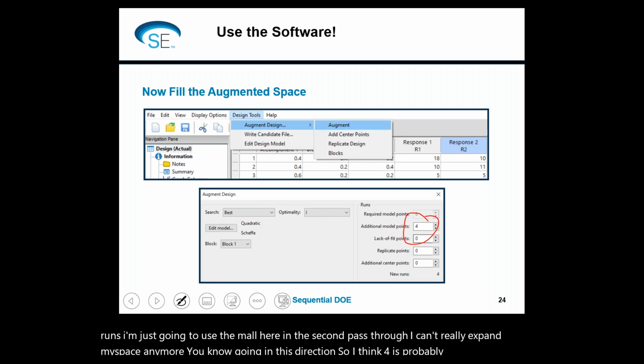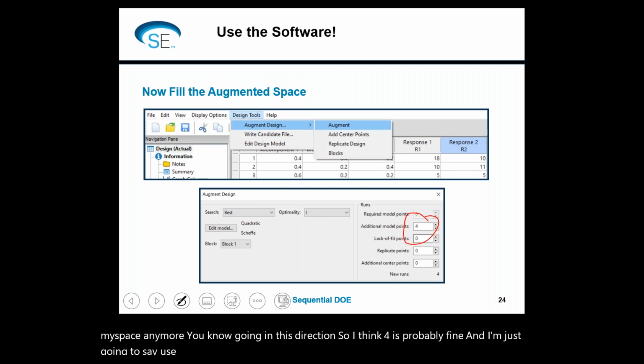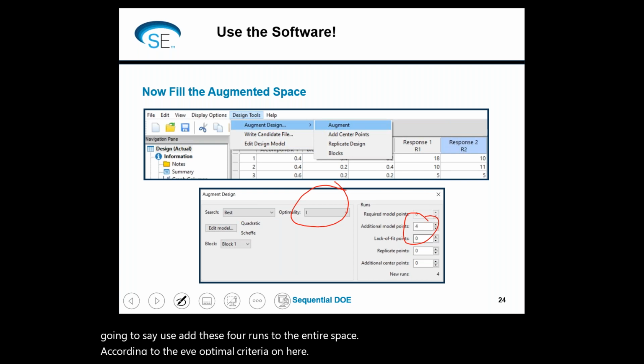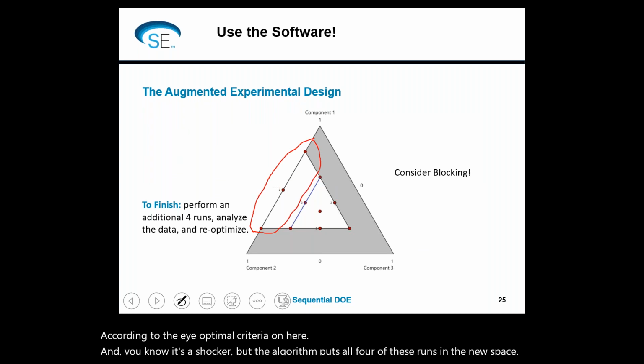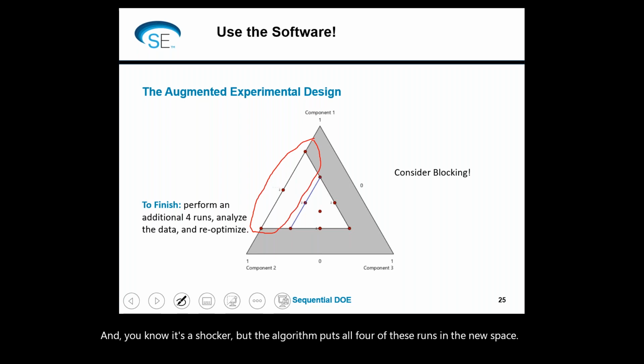I'm just going to add these 4 runs to the entire space according to the optimal criterion here. And it's a shocker, but the algorithm puts all 4 of these runs in the new space. Because we're assuming a quadratic model, it puts them here along an edge.